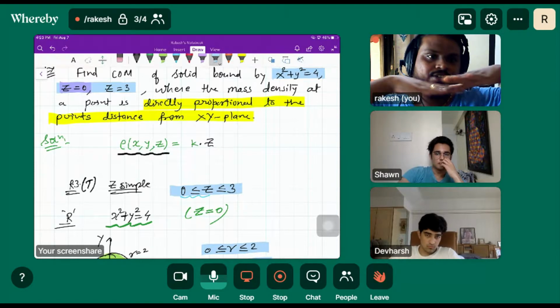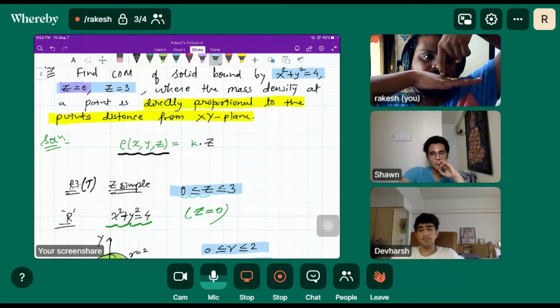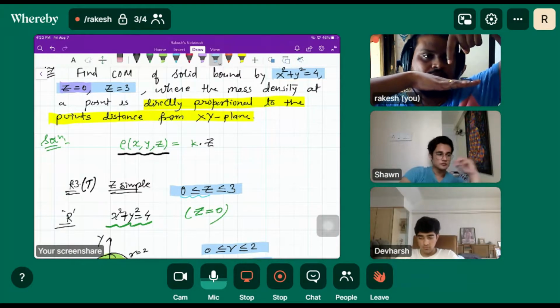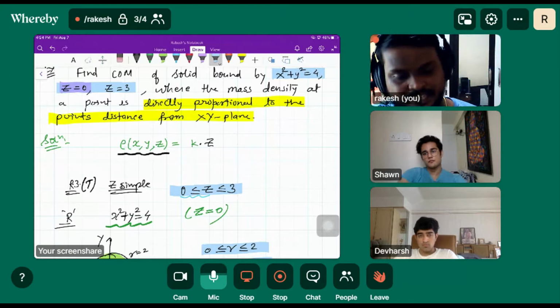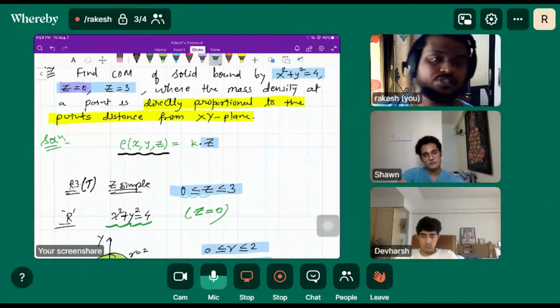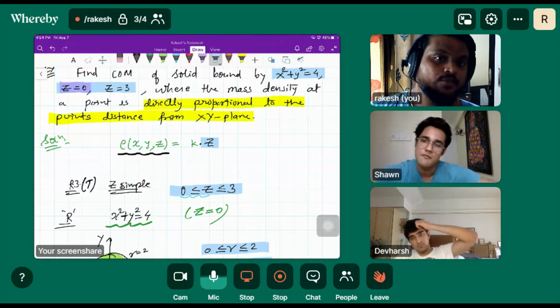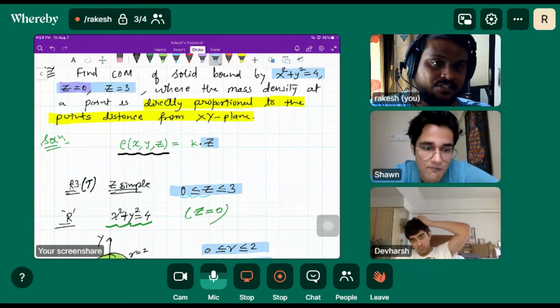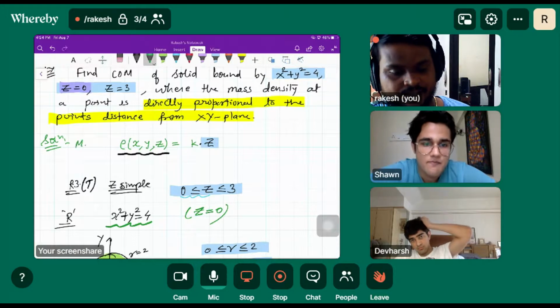This is the xy plane, so the distance from the xy plane is the z coordinate, not y. My bad. So z coordinate means z axis basically. That's why, and it is directly proportional to the distance, so that's why k is written there. So rho of x, y, z is the mass density function, that is equal to kz.